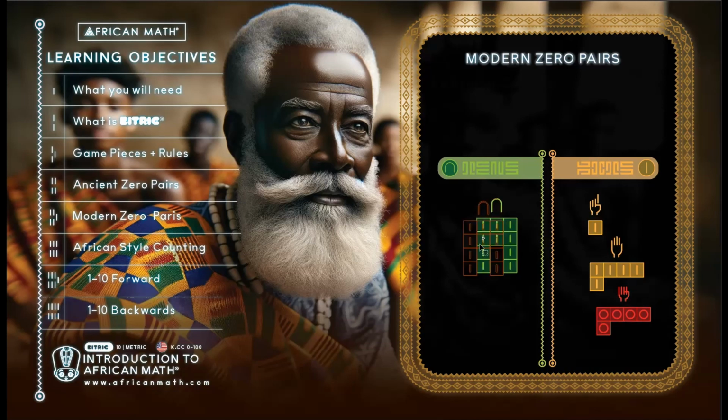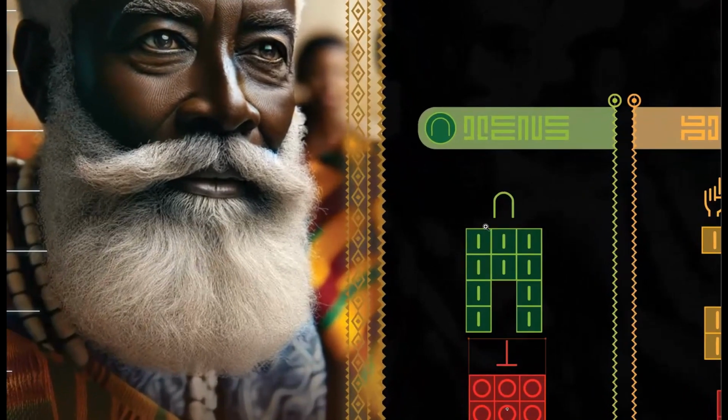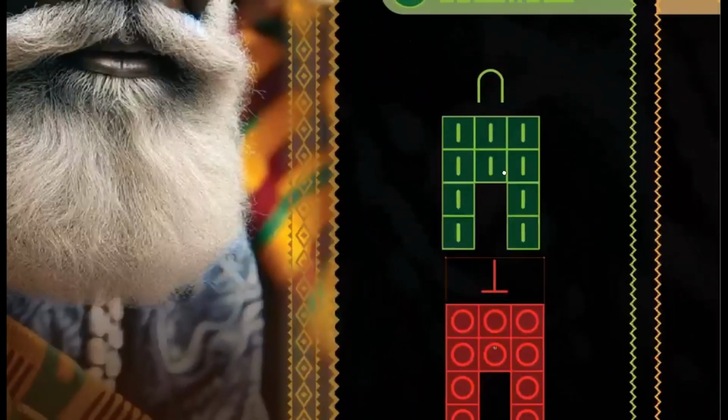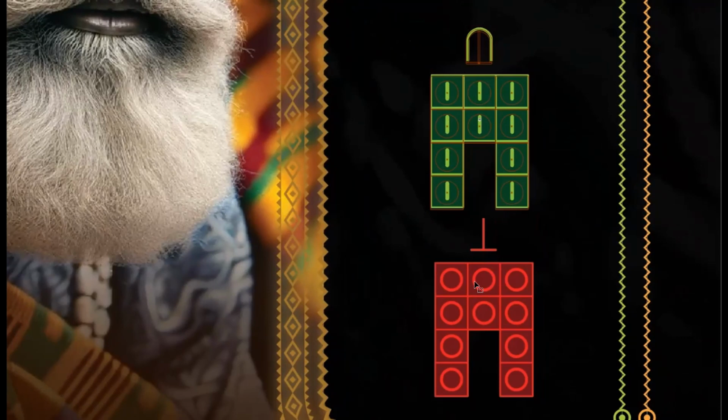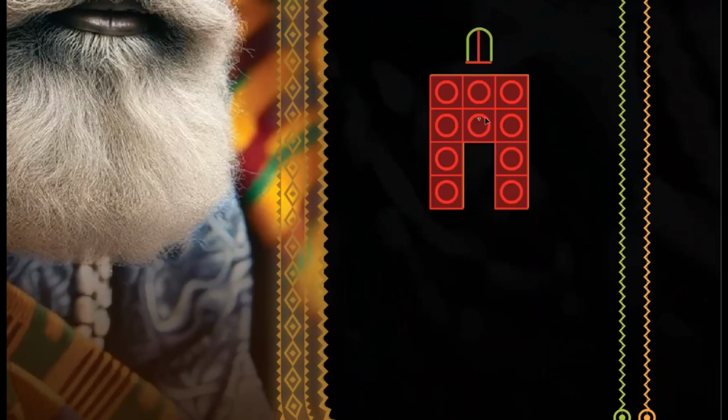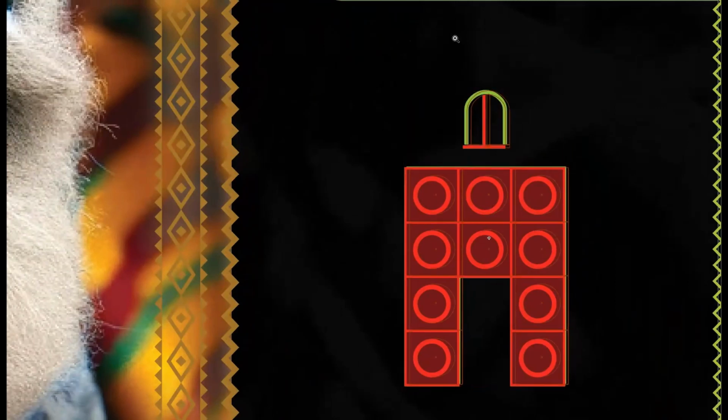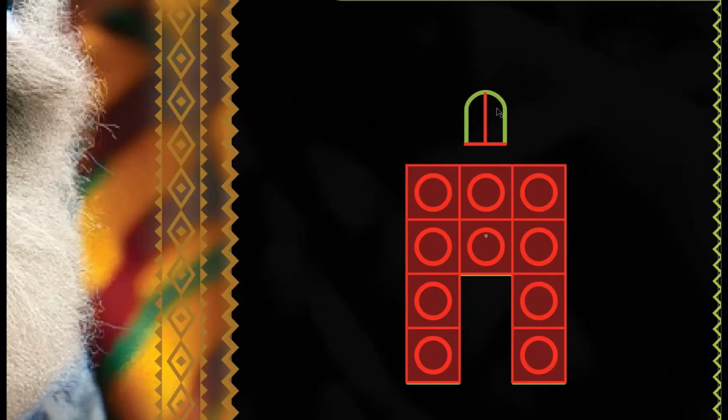The same is true for our house of 10. The green represents place 10, and then the red will represent take away 10. Here's what's very important.